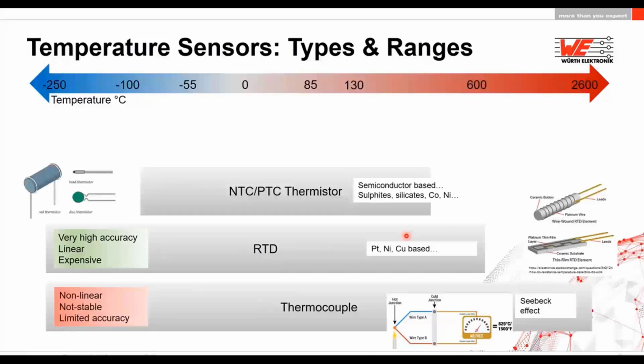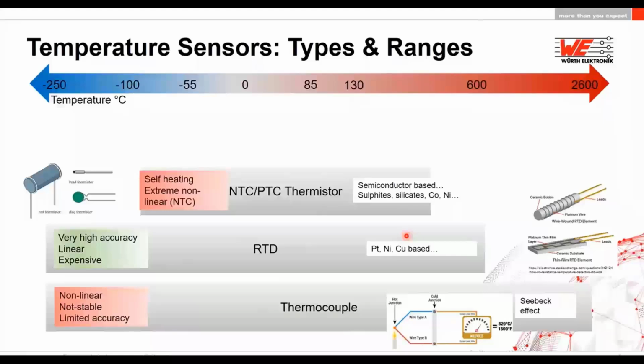Next are the NTC and PTC thermistors. These are nothing but passive components on your PCBs. The current is passed through the resistors, and the current is being monitored based on the temperature, which changes as the temperature increases or decreases. NTC has a negative temperature coefficient and PTC has a positive temperature coefficient.